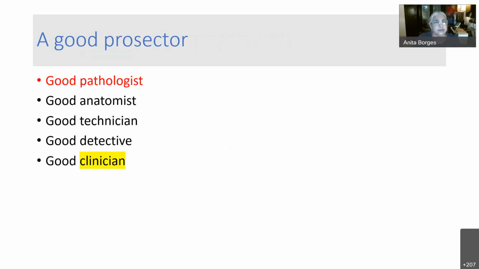So I'll just end by saying that a good prosector, somebody who's doing an autopsy, should be a good pathologist. If you don't make good observations, you can't make good interpretations, and therefore you can't make a good diagnosis. You have to be a good anatomist, because to do a really good, elegant autopsy, it's not just mucking about and hacking about.